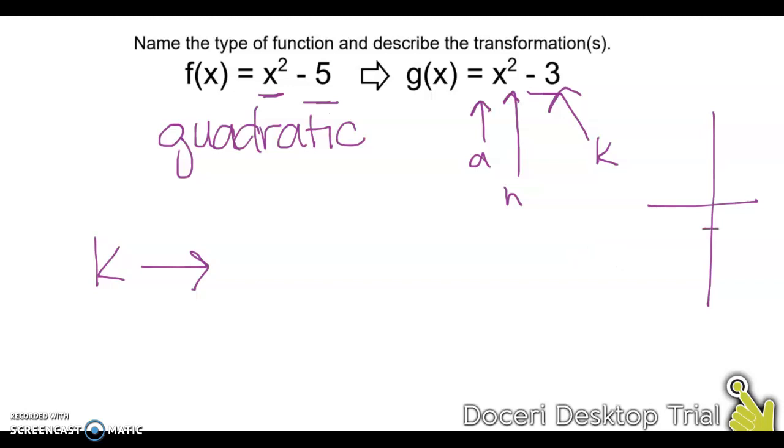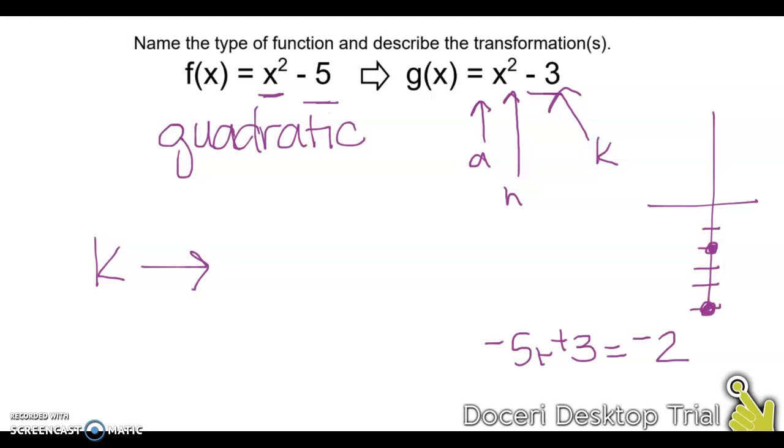If we have negative 5 and we moved it up to negative 3, negative 5 minus a negative 3, the difference is going to be minus 2.